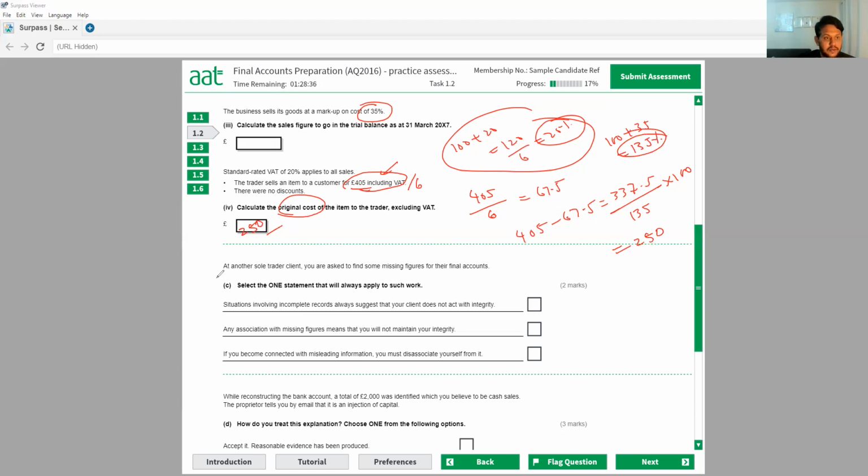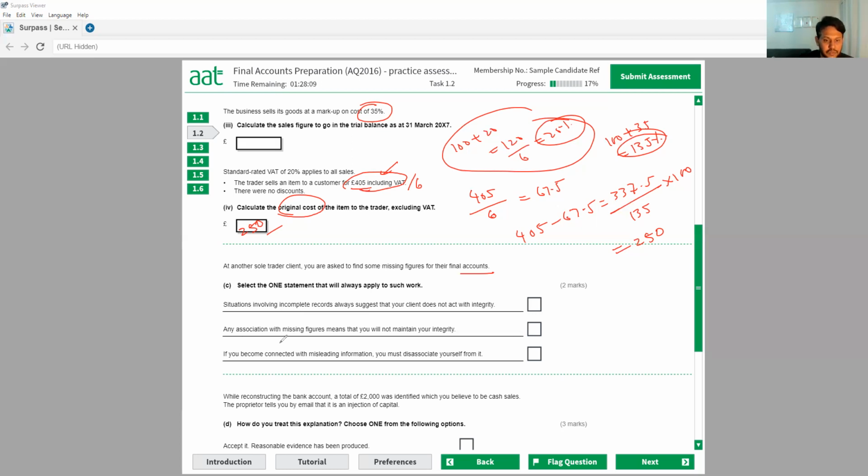The next one: for another sole trader client, you are asked to find some missing figures for their final accounts. Select the one statement that will always apply to such work. Situations involving incomplete records always suggest that your client does not act with integrity?